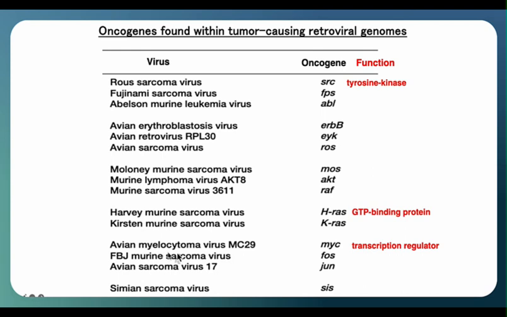The avian myelocytomatosis virus contains the MYC gene, which is a transcription factor. Thus, for retroviruses that have the ability to cause cancer in the host, it gradually became clear that their genomes contain host-derived genes involved in cell proliferation and growth control incorporated into the viral genome.